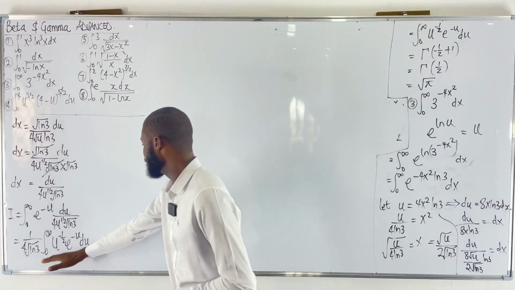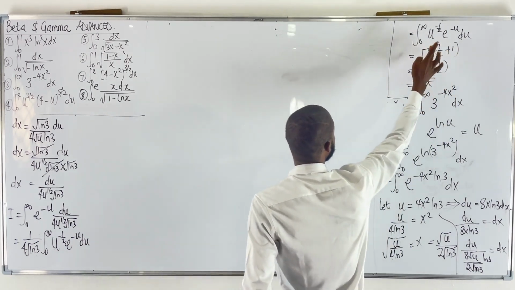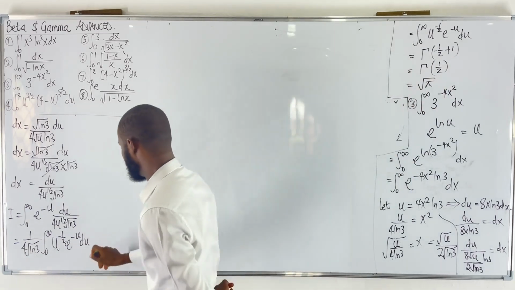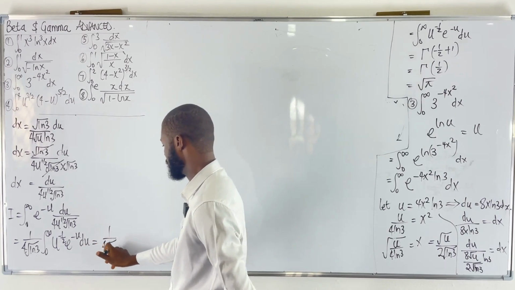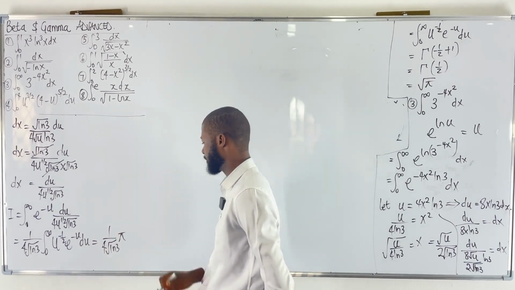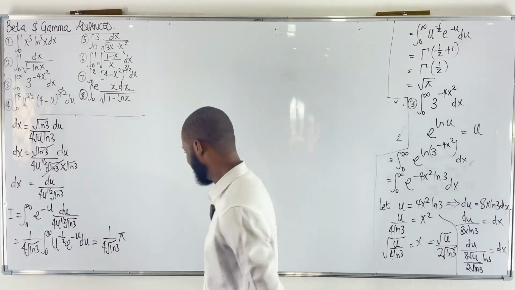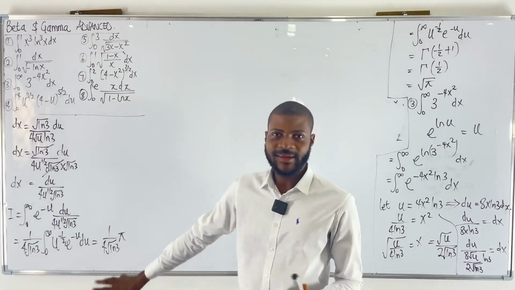So right now, this is just root pi. So this means that my answer becomes 1 over 4 root length 3 pi. I think I have to step back to take a look at this. The answer of this is looking weird. Hold on, I spotted a mistake.